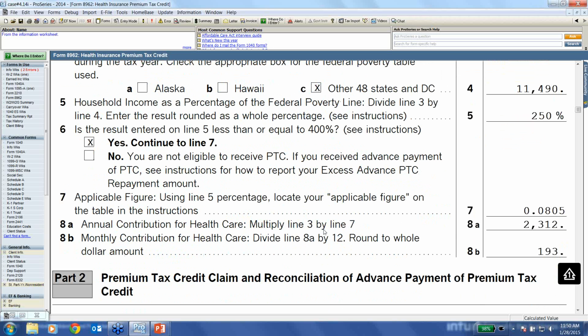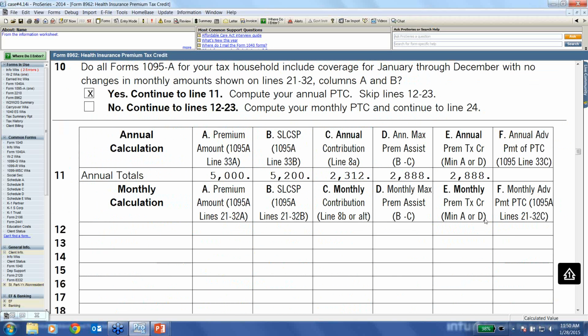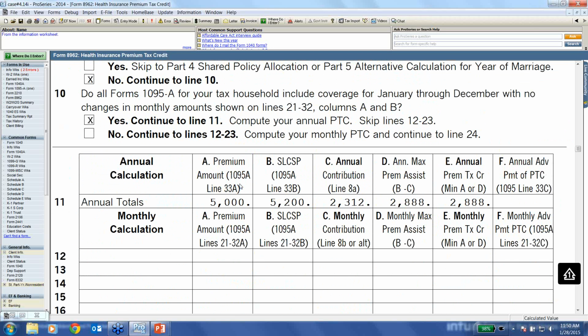The annual contribution for health care is $2,312. And that goes into column C here. Column A, as we saw before, is $5,000. That's the annual premium. $5,200 is the second lowest cost silver plan. We subtract C from B, and we have $2,888.